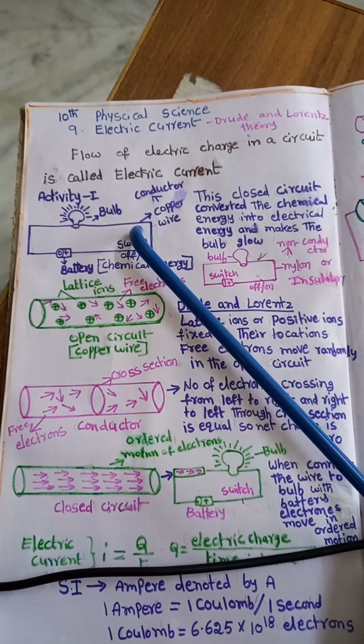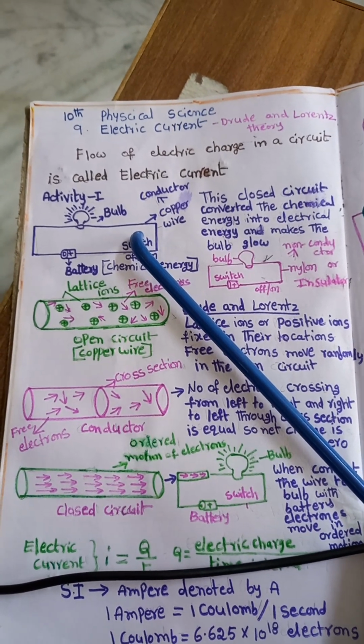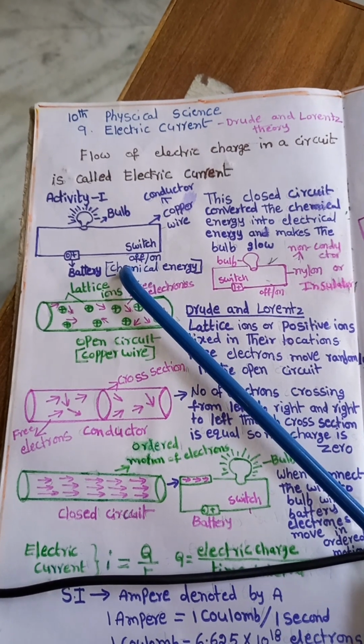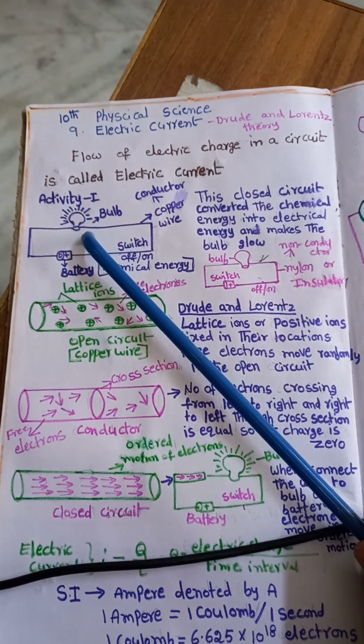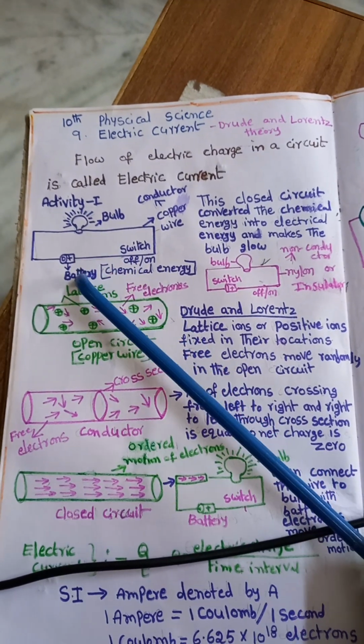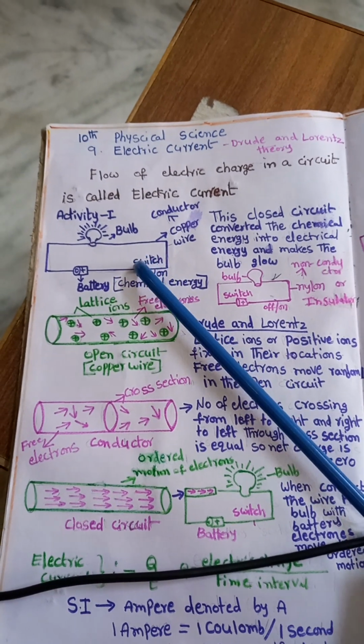Already you learnt about the electric circuit in the 7th class. So this is also given here. See here, a bulb is there and a battery is there. The bulb and battery are connected with the wire.